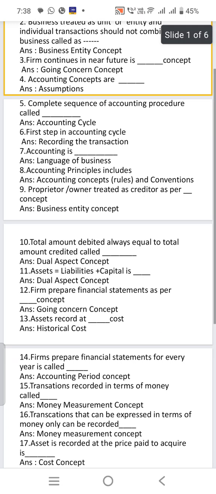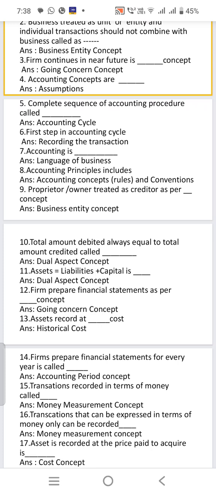Now eighth question, what do the accounting principles include? Accounting principles include two aspects. Already we discussed. One is accounting concepts. This is called the rules. The second one is accounting conventions. The ninth question, owner or proprietor treated as a creditor as per which concept?